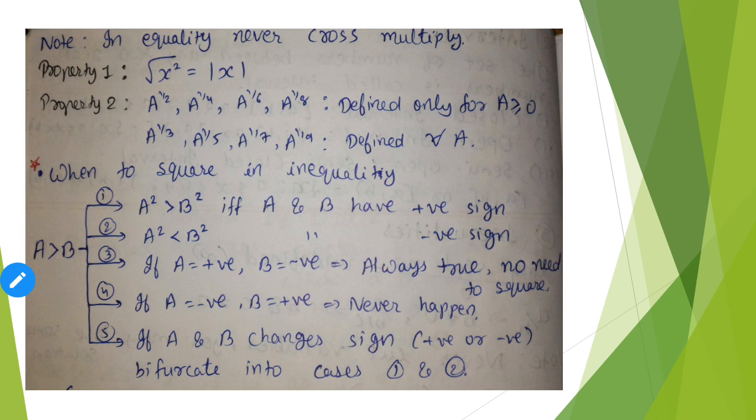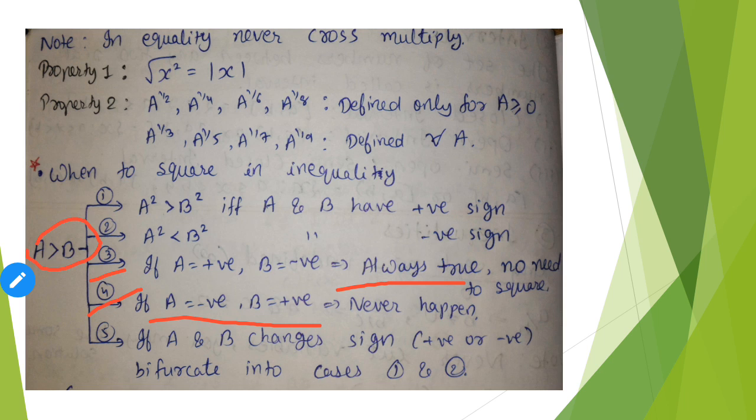Now, what is the third case? When a is positive and b is negative, it is true for all values of x. If it is a function of x, then it will be true for all values. Here there is no need to square or do anything. Case 4 is when a is negative and b is positive. It's obvious that then we cannot write a greater than b, so this will never happen.